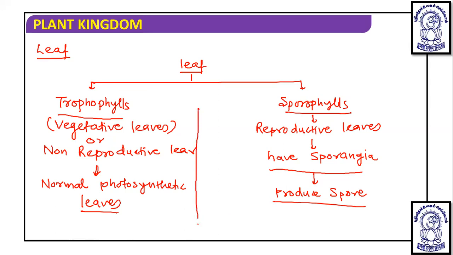The group of sporangia is known as sorus, and the plural term for sorus is sori.